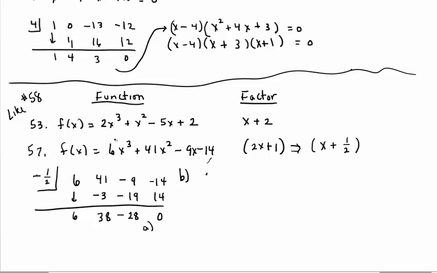All right, so I'm going to take 6x squared, these are the coefficients, plus 38x minus 28, and I'm going to factor that. I'm going to pull a 2 out front. Maybe that'll make it a little easier as far as having smaller numbers.